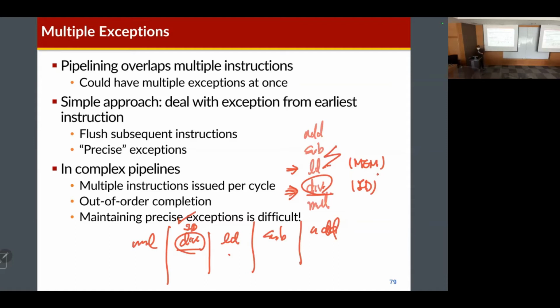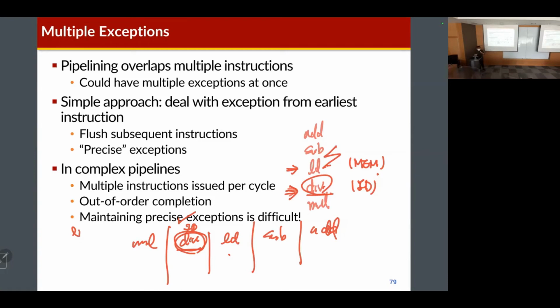What happened? The exception of the div instruction is detected earlier than the load instruction. So what should we do in this case? I already explained how exceptions are handled in a processor. First, the exception is detected when the div is in the ID stage.